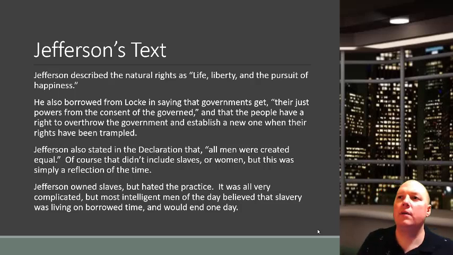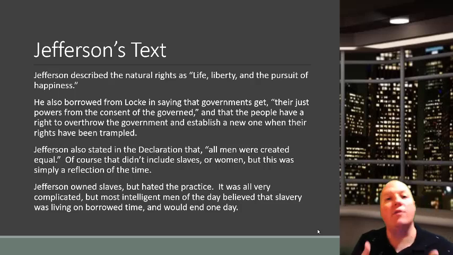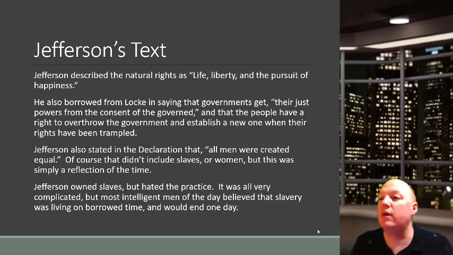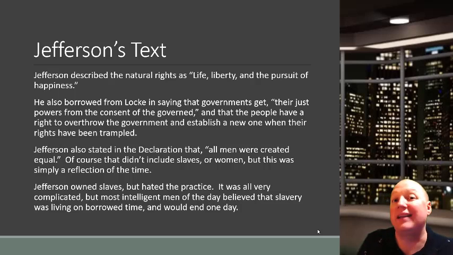So because we are giving something up to create the government, we have the right to change and overthrow that government if necessary, if we believe our rights are being trampled, because we're the ones who created it. So governments have the right to exist because the people create them, but they only have a right to exist for so long as we allow them. So that's an important idea.